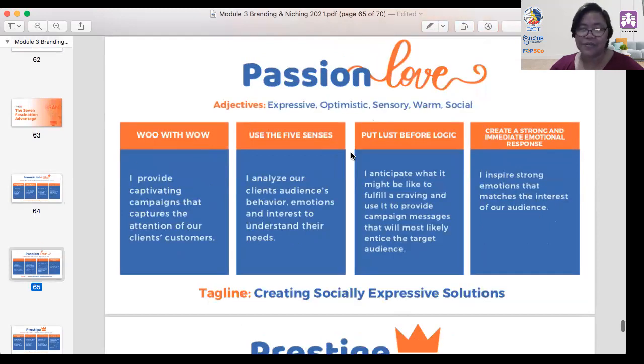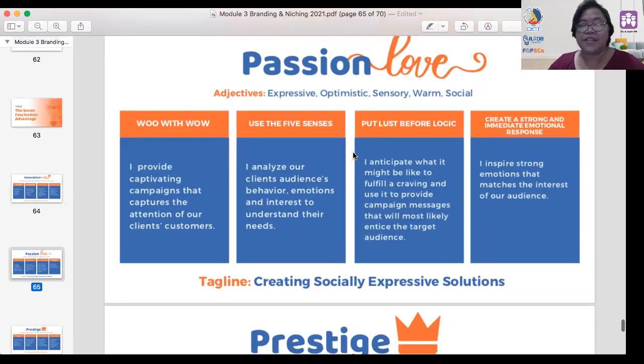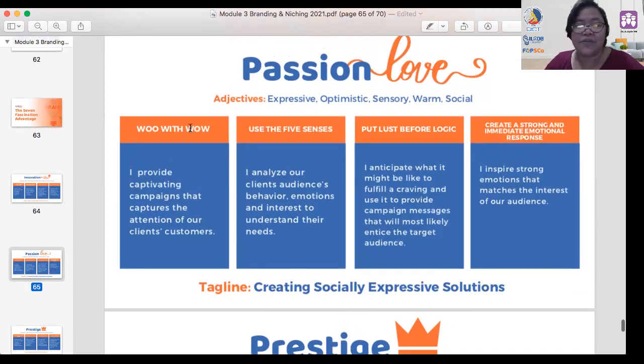And then for passion, so innovation, idea. Passion, love. Okay. Expressive, optimistic, sensory, warm, and social. So under passion, as I mentioned earlier, woo with wow, I provide captivating campaigns that capture the attention of our client customers. I analyze our clients' audiences, behavior, emotions, and interests to understand their needs. So use the 5 senses.